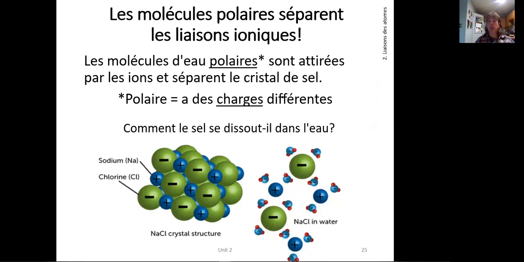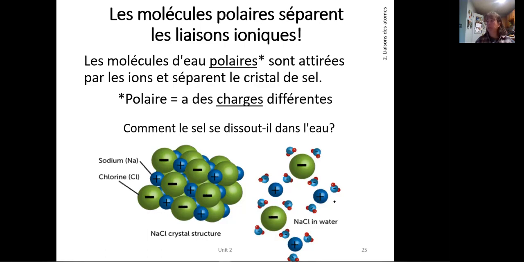Remember that the first bond we learned about was called polar. Polar molecules will tear apart or pull apart ionic bonds. The polar water molecule, so water has a polar bond, it will be attracted to the ions of the salt, and it will tear apart the salt crystal.